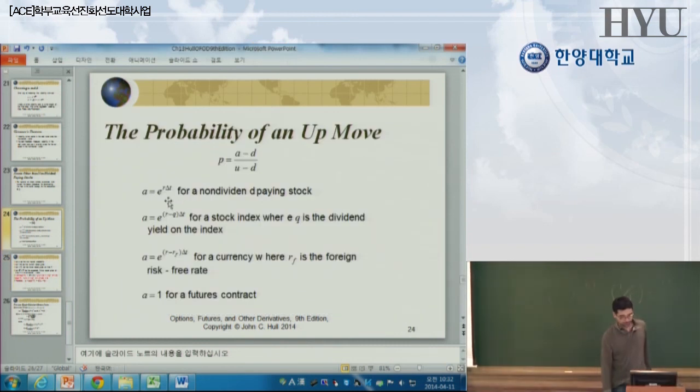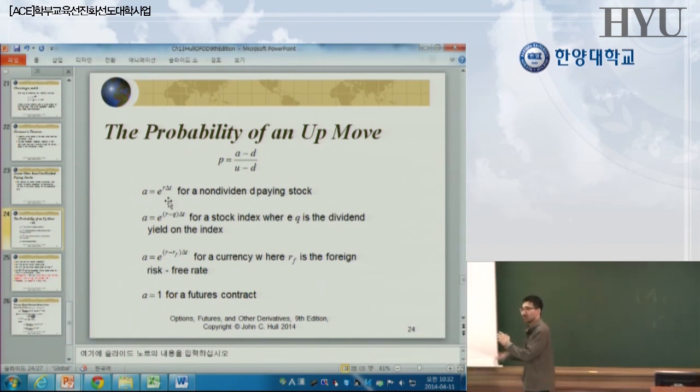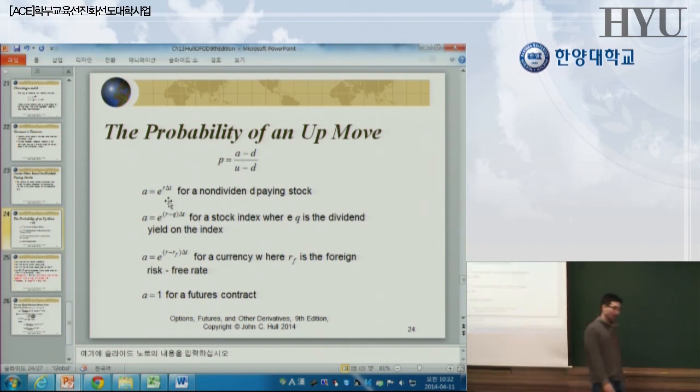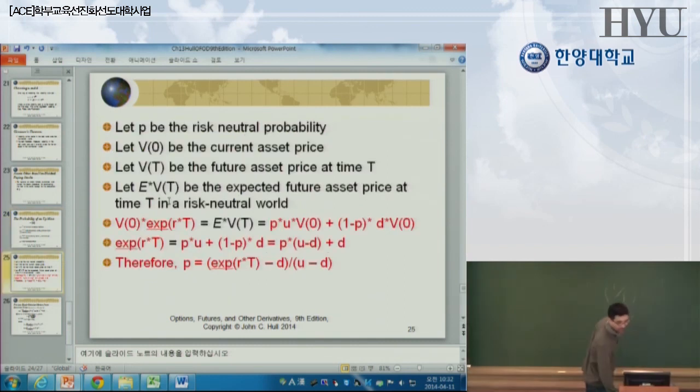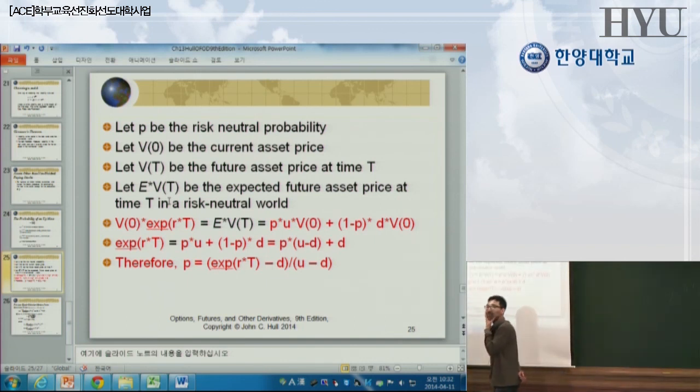Here they use delta t instead of t. Delta t, or t, is the period of time. Let's make this slightly more complicated. In this case, there is no dividend from the underlying asset. What if there is a dividend from the underlying asset?